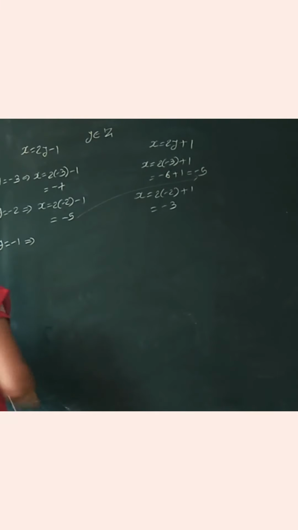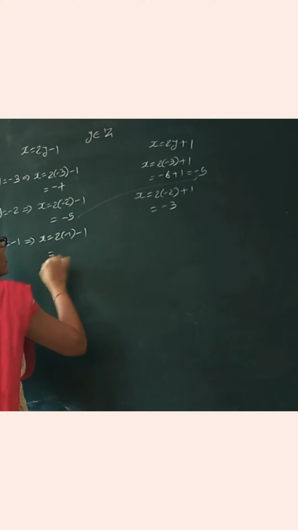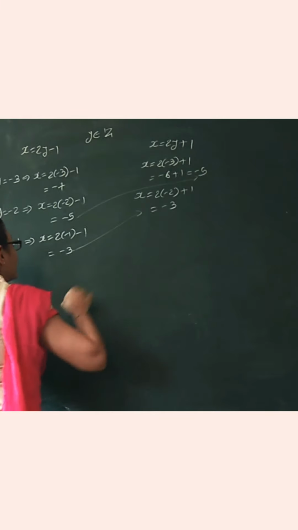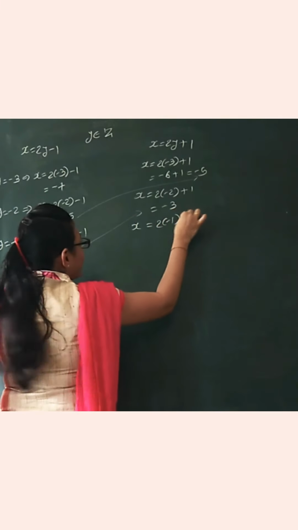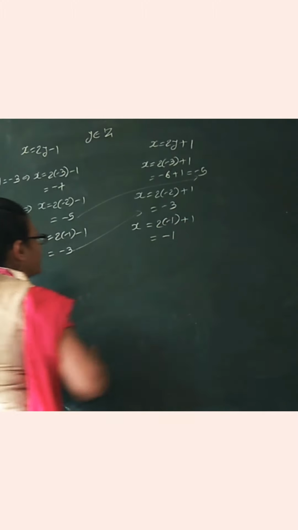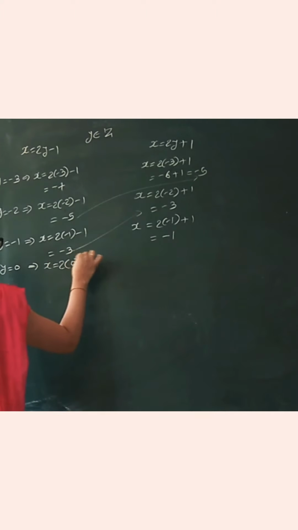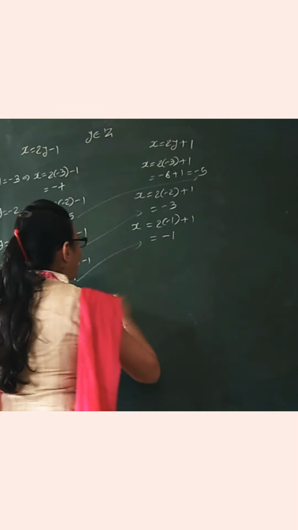Put y equal to minus 1. x is equal to 2 times minus 1 minus 1, that is minus 2 minus 1, that is minus 3. Something happened again. Here minus 2 plus 1, that is minus 1. Okay, putting y equal to 0, this implies x is equal to 2 times 0 minus 1, so your answer is minus 1.